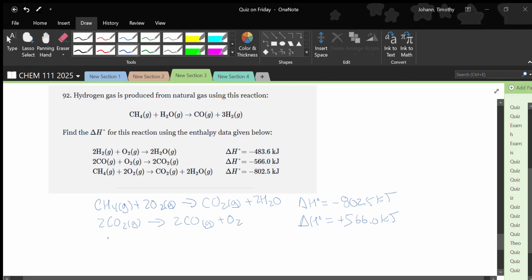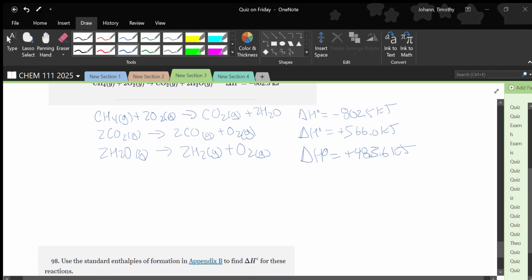So this is going to become 2H2O gas goes to 2H2 gas plus oxygen gas, right? And I flipped it, so I have to flip the sign. Positive 483.6 kilojoules.